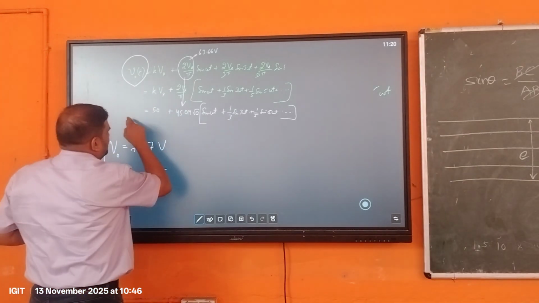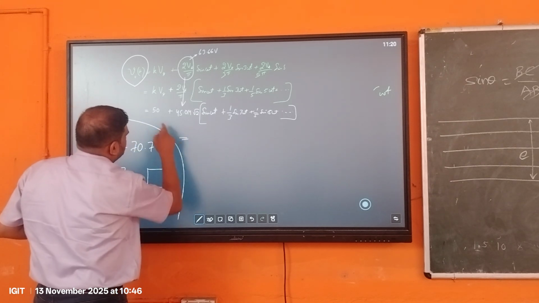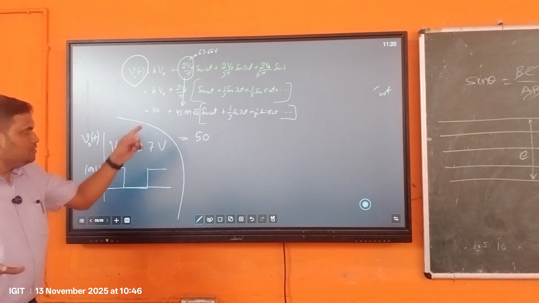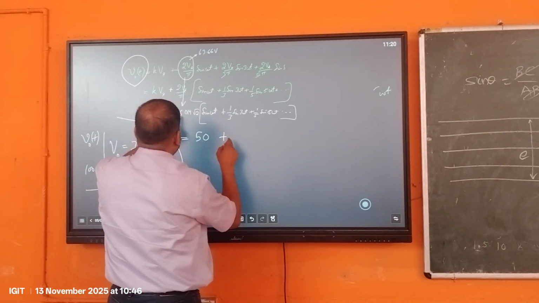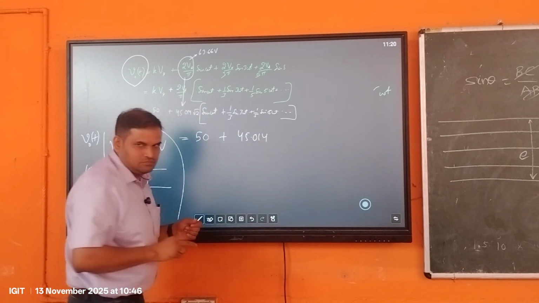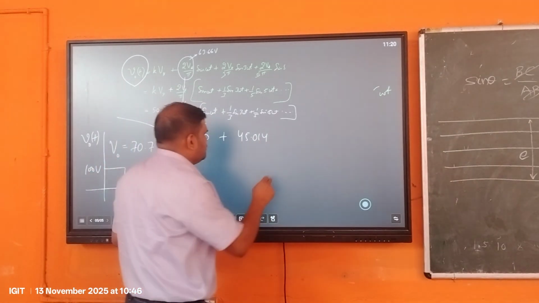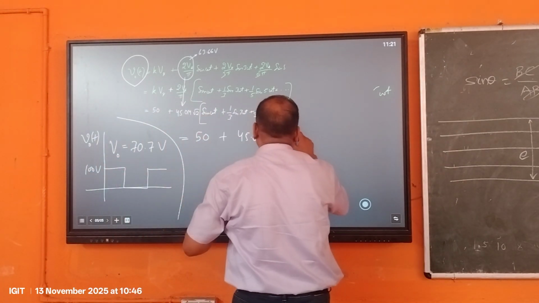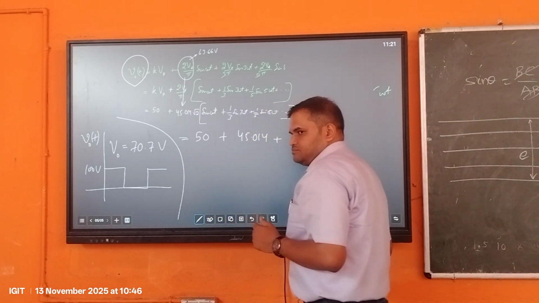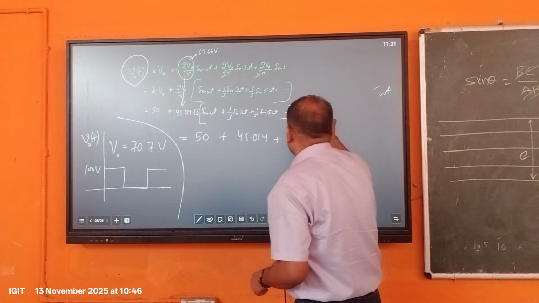So the RMS voltage of this DC term 50 will always be 50. Correct? The RMS voltage of the fundamental is 45.014. The RMS value of the third harmonic is 45.014 divided by 3, so roughly 15.